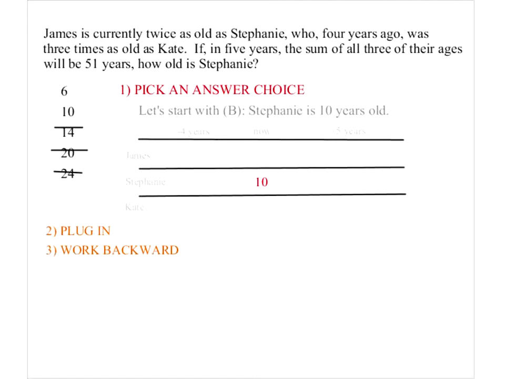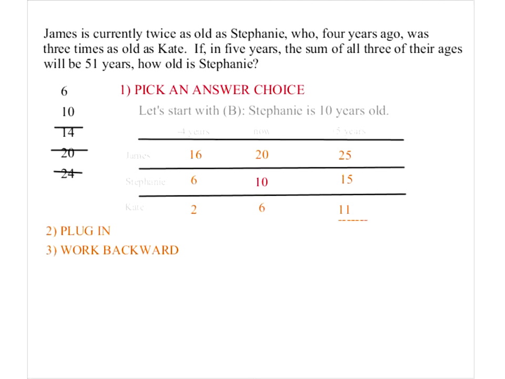So Stephanie is 10, James is twice as old, that's 20. You can fill in the rest of these: 4 years younger, 5 years older, 4 years younger, 5 years older. And then 4 years ago, Stephanie was 3 times as old as Kate, so Kate would have been 2. And then we can add 4 years to figure out how old she is now, and add 5 more years to figure it out.